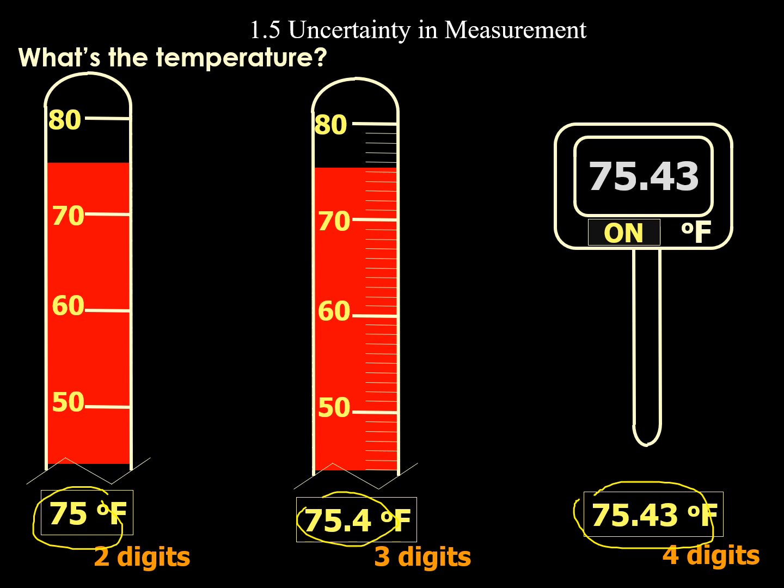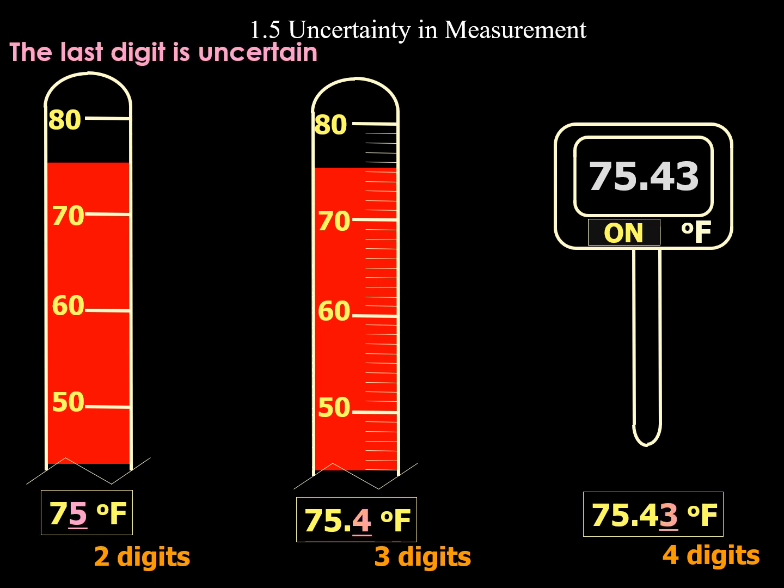So here we would have 2 significant digits for the first reading, 3 significant digits for the second reading, 75.4, and 4 significant figures, or 4 digits, for the 75.43 reading. The last digit we would call the uncertain value.